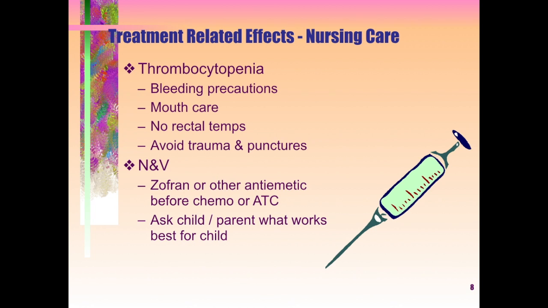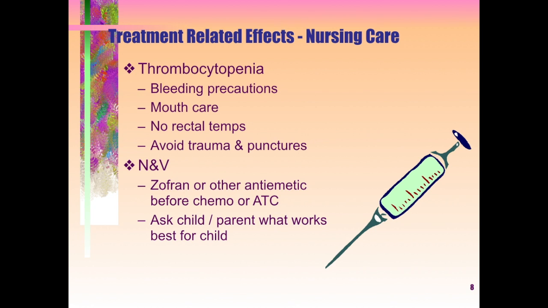Give very good mouth care, but we want to use a soft bristle toothbrush. No rectal temps are allowed, and then avoid trauma. So this is a kid that you're not going to let ride around on a tricycle in circles on the floor. Give them soft toys and quieter activities. When we do a venipuncture, you want to put pressure.